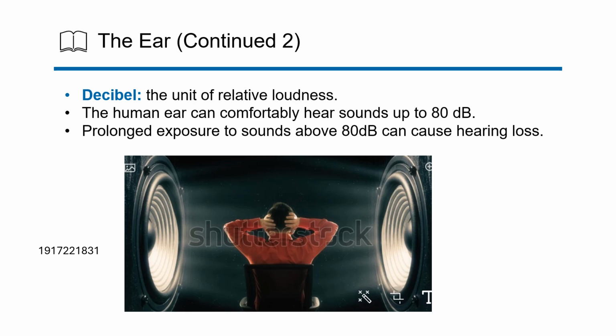The implication here is that our ability to hear across this range impacts how we communicate, which means it impacts everything else, how we learn, how we experience the world. And so hearing loss, which can result from prolonged exposure to sounds above 80 dB.